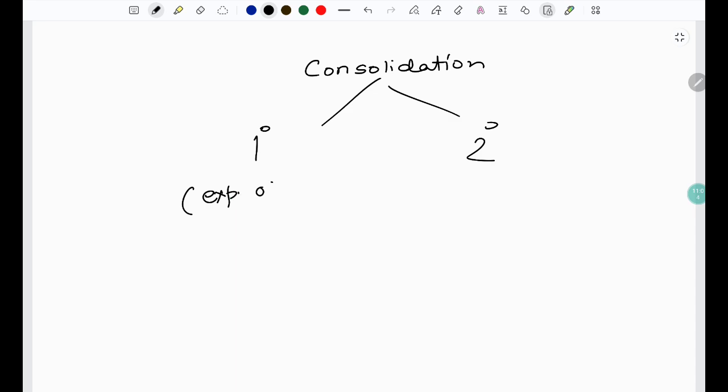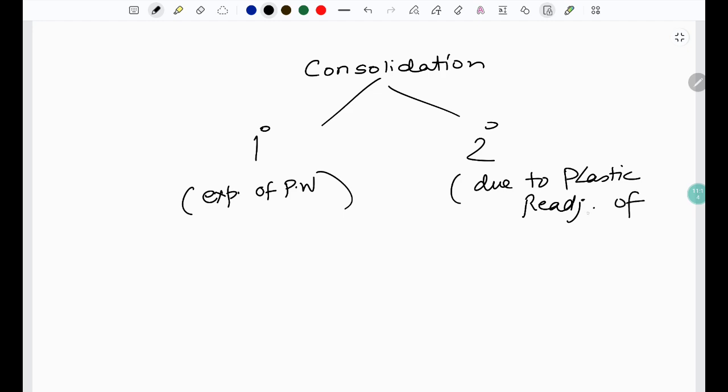Now consolidation is divided into primary consolidation and secondary consolidation, where primary consolidation is due to expulsion of pore water, whereas secondary consolidation is due to plastic readjustment of soil solids.